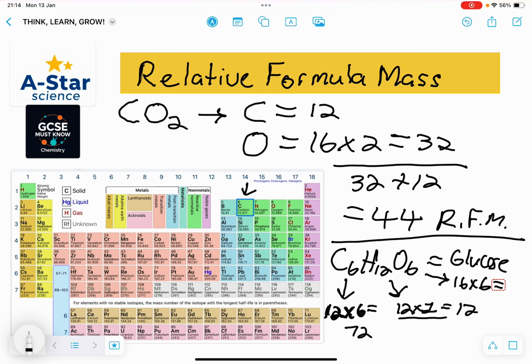Add them all together. 72 plus 12 plus 16 times 6, which was 96. And if we add them all together, 72 plus 12 plus 96 is 180. So that's the relative formula mass. A very important concept, because you need this concept to do percentage by mass, which we're going to look at in another video.